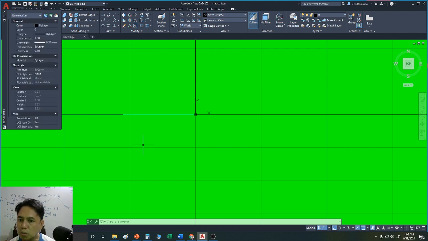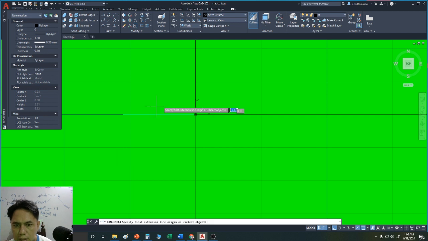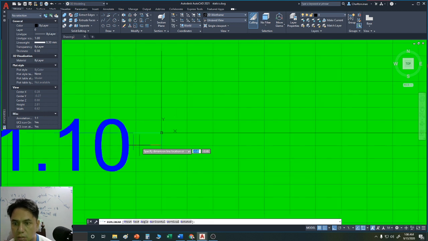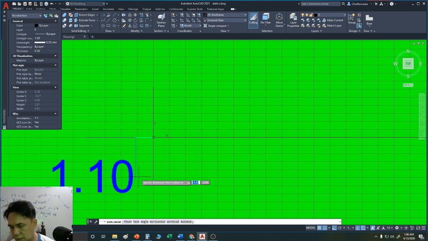How do we know that it's 1.1 to the left? We can measure the linear, from the origin to here. It's very big. 1.1, and the other is 1.6.